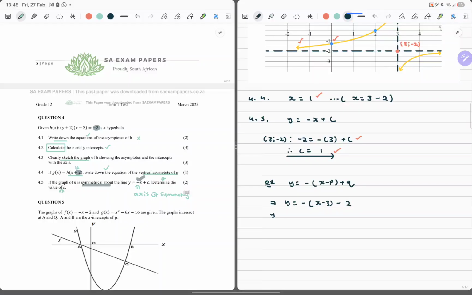So this implies that y is equal to, distribute, minus x, plus 3 minus 2, which is plus 1. You can say therefore c is equal to 1. So that's another way of doing this.